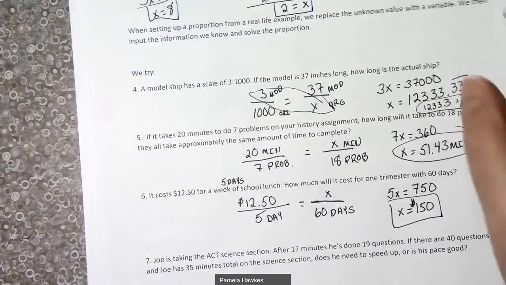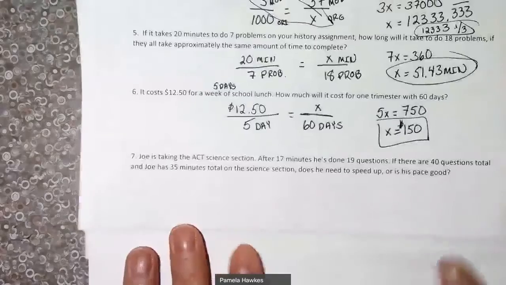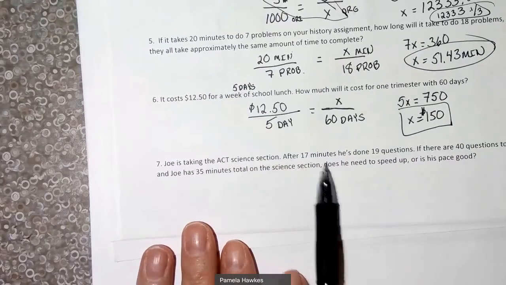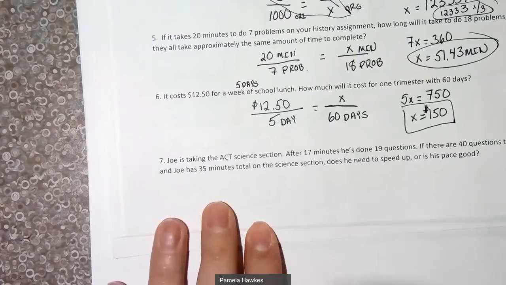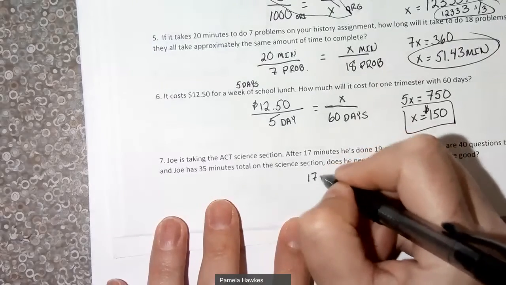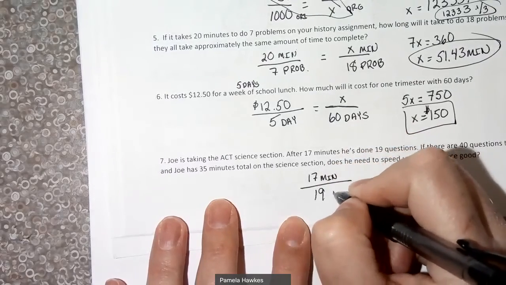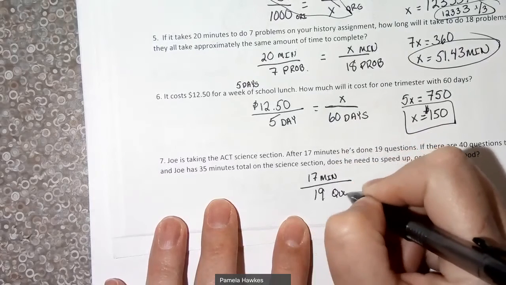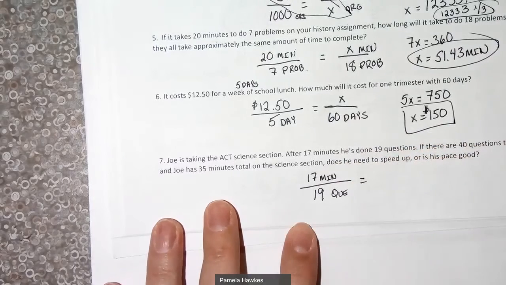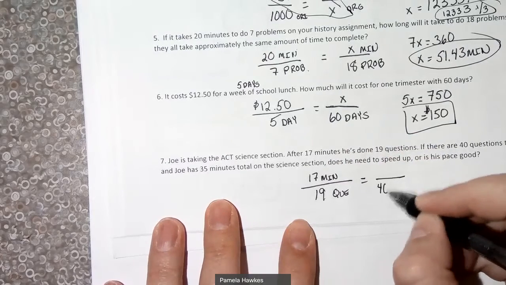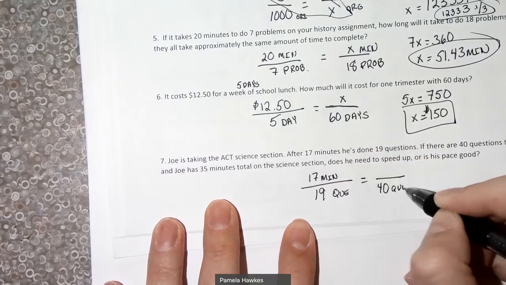Okay, here we go. Joe is taking the science section of the ACT. After 17 minutes, he's done 19 questions. So what are we going to put? 17 minutes, 19 questions, is equal to, if there are total 40 questions, how many minutes is it going to take him?